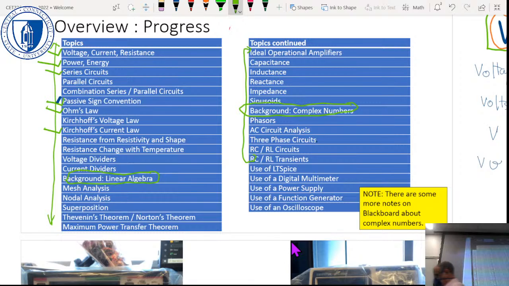Is the sum of the voltages around a loop is 0.